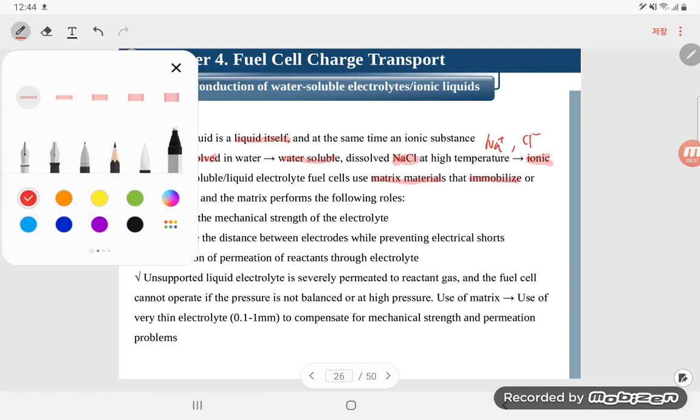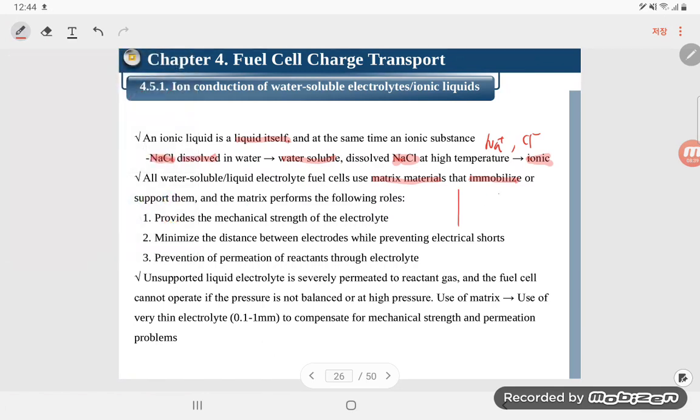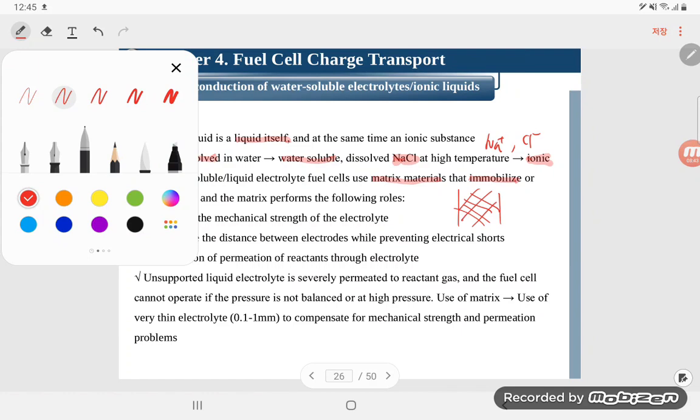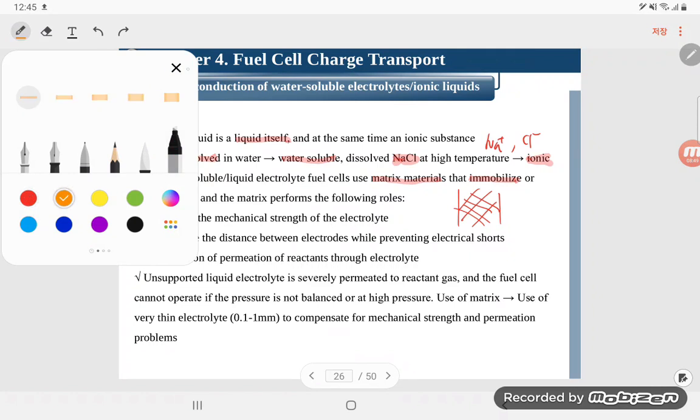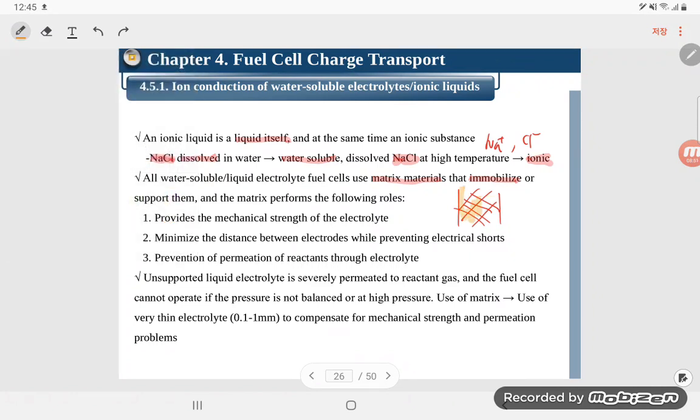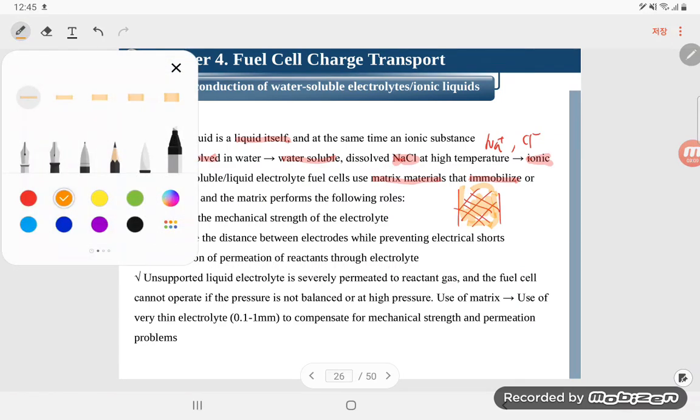The matrix means there is a solid substrate and we dip it, so there exists a liquid form in this matrix.